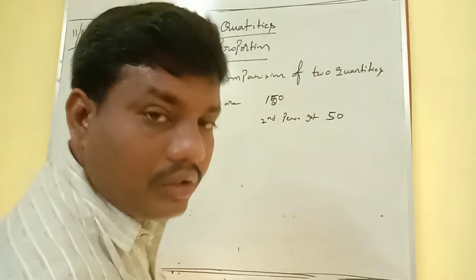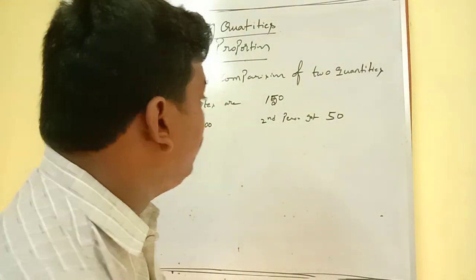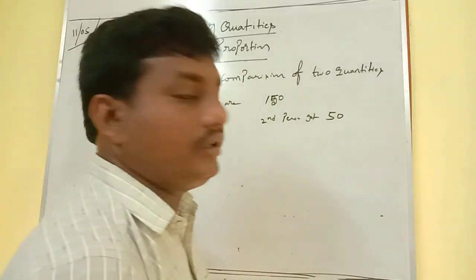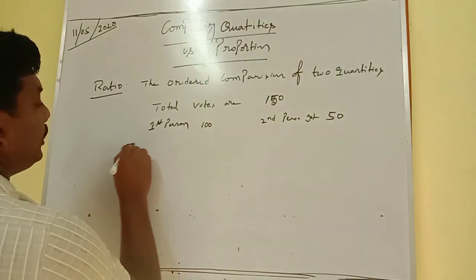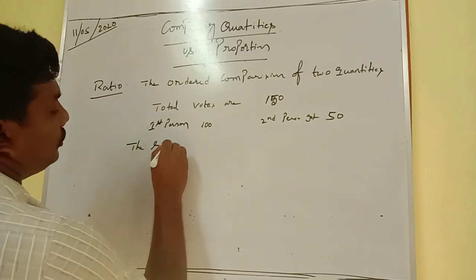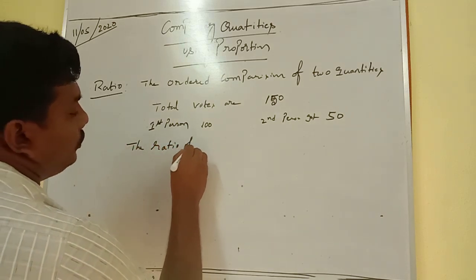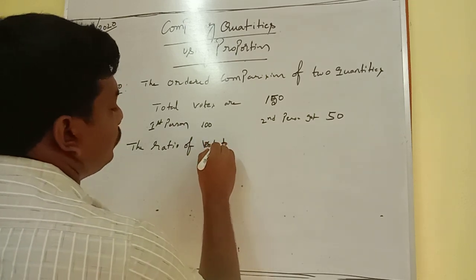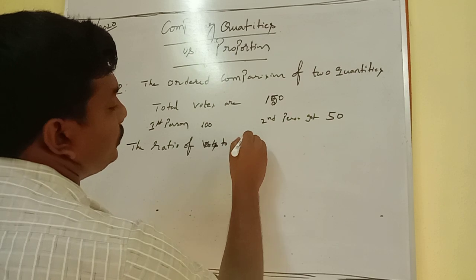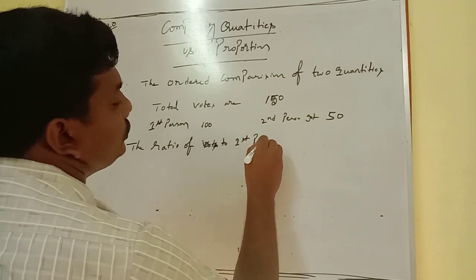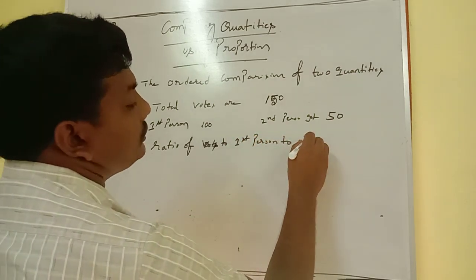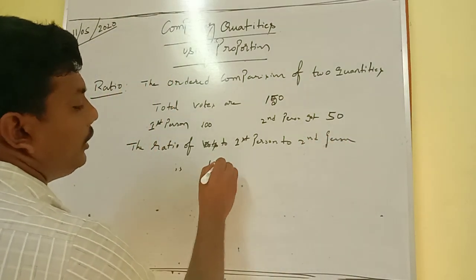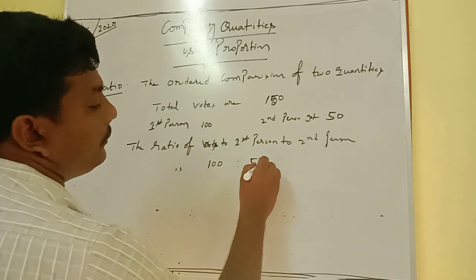The ratio of votes of the first person to the second person is 100 is to 50.